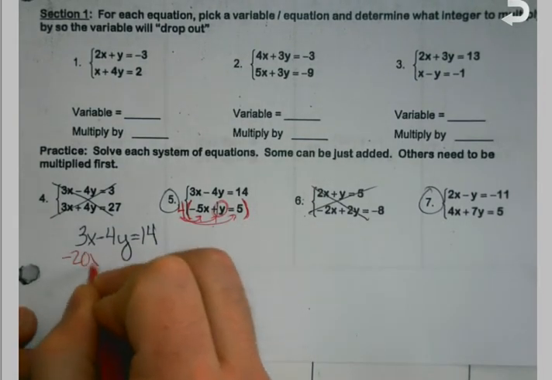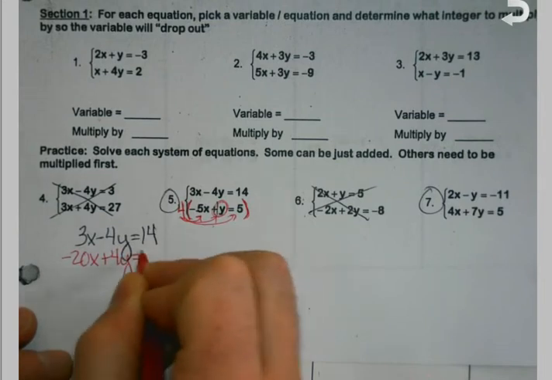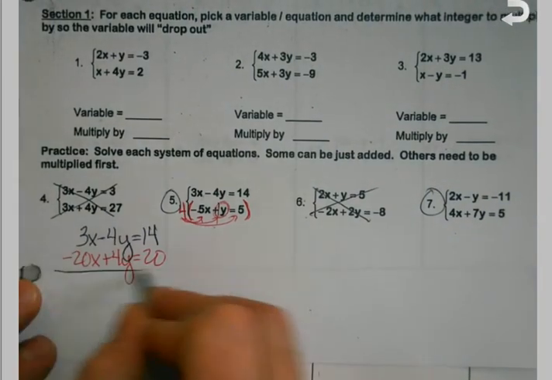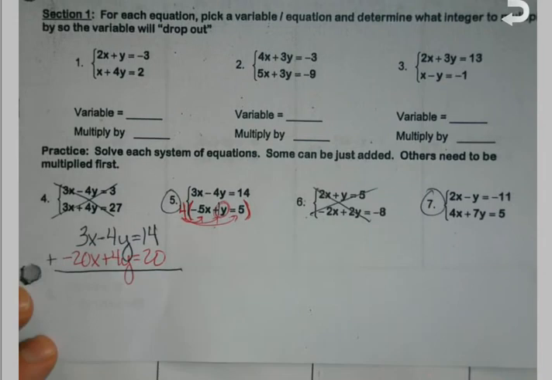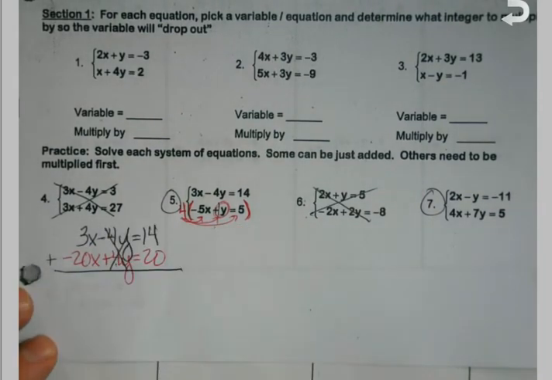So each one of those values, I'm going to go ahead and multiply by the 4. Again, even the number on the end. Because then, negative 4 and positive 4, one of my variables. Always got to have one of them cancel. Got to find a way.